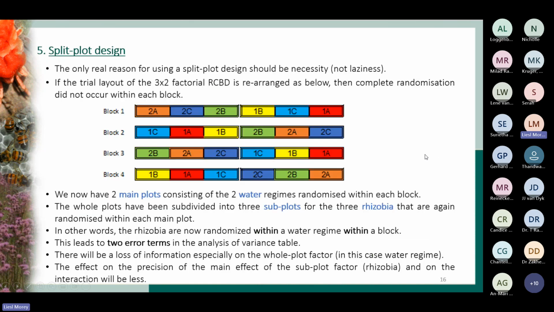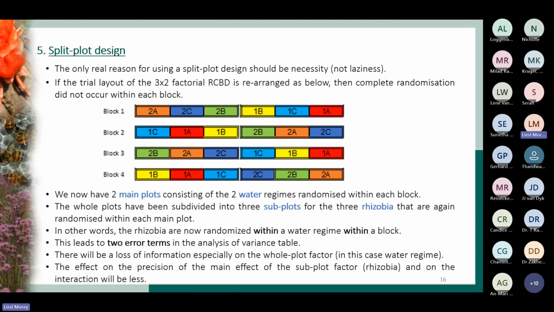And then the last design that I want to show you is a split plot design. A split plot must only be used if it's really necessary, and you will see why if I show you the analysis of variance table on the next page.